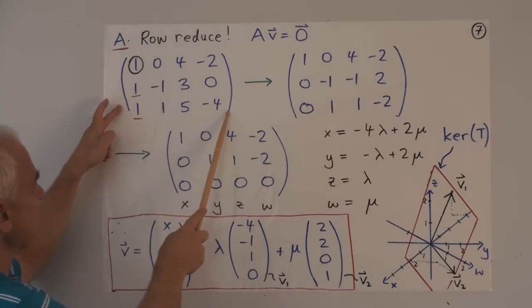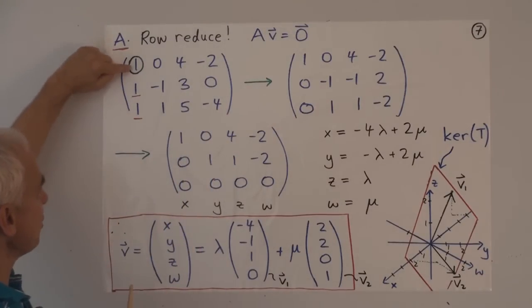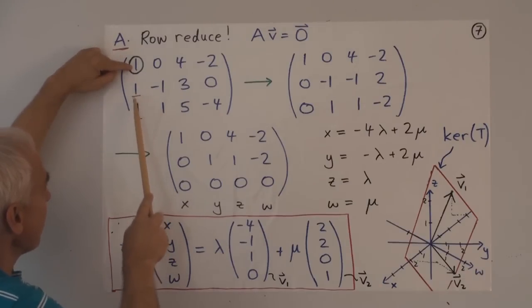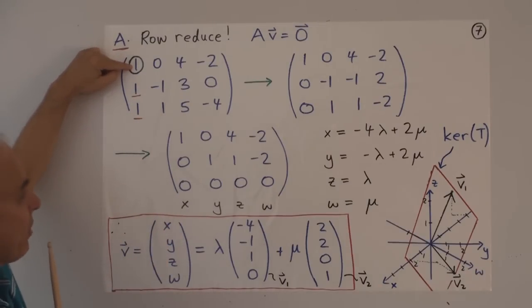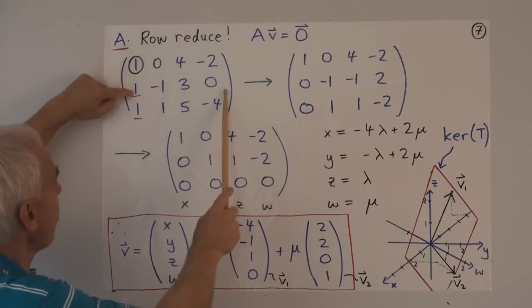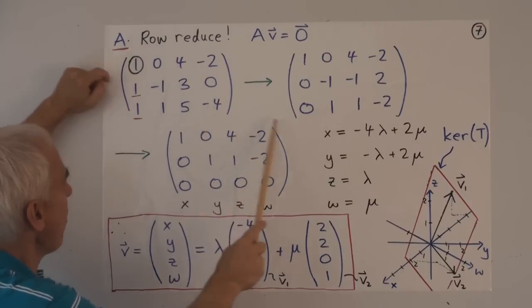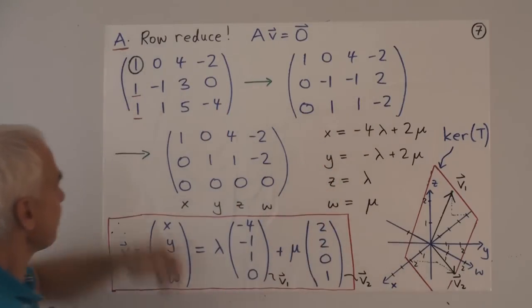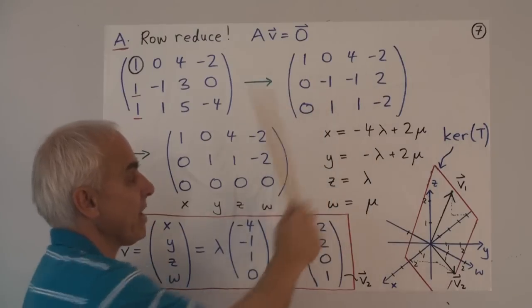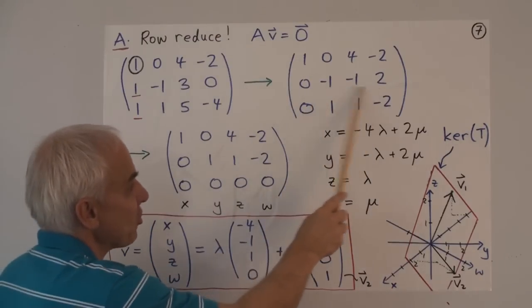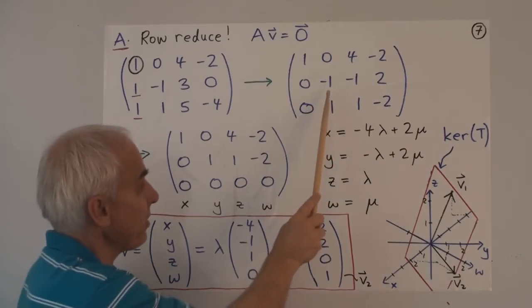There's our matrix A. We're going to row reduce, use the first entry there as a pivot entry or a leading entry to get rid of the ones below it. So we take this row and we subtract row 1, and we take row 3 and we subtract row 1, and we get these two. And from here we might multiply this second row by -1 to make that a 1.